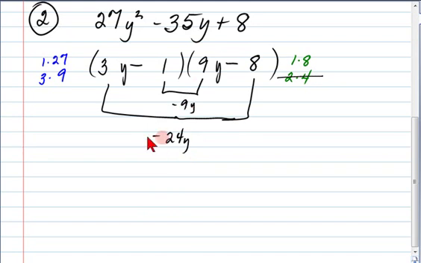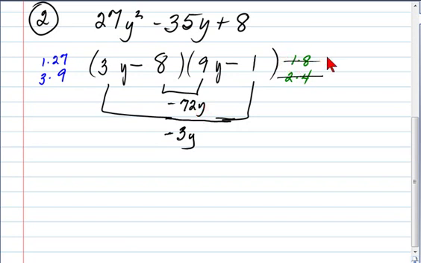No, that didn't work. Go away. All right, so I'll move the 8 here and the 1 here, and it just got worse. Because now my outer product is negative 3y, my inner product is negative 72y. Ooh, okay. So what I know now is that nothing works with 3 and 9.